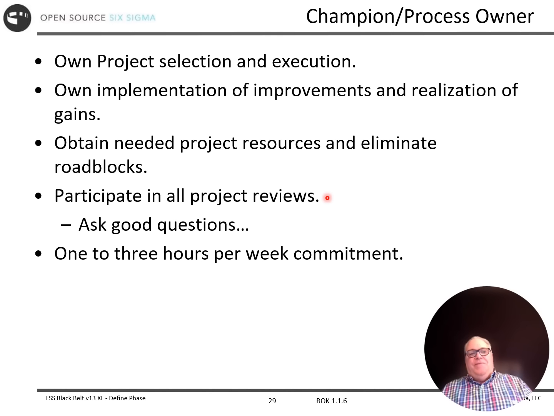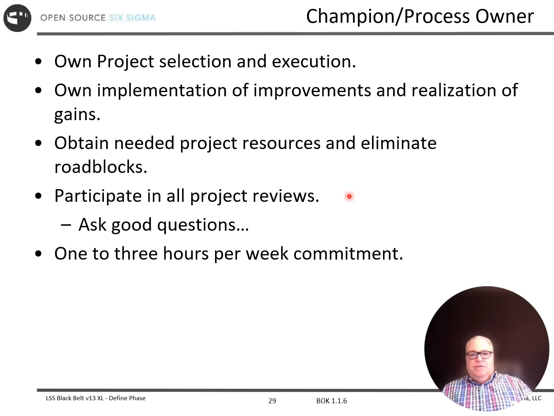We do like for them to participate at those different milestones: define, measure, analyze, improve, and control, which is good in two ways. One, they understand that the execution is going as expected, but it also gives the team and you as the project lead an interaction to make sure that you're getting the support that you need.